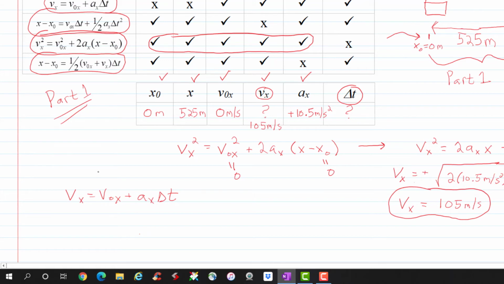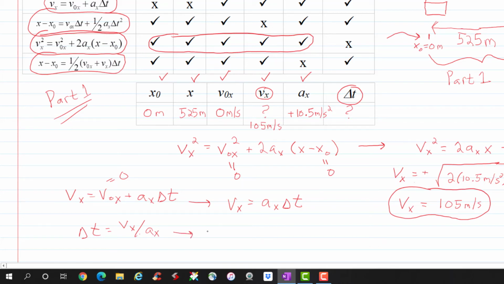We have Vx equals V naught x plus Ax times delta t. Again, plug in anything that's 0. We started from rest, so this equation reduces to Vx equals Ax times delta t. I can solve for my time: delta t equals Vx divided by Ax.